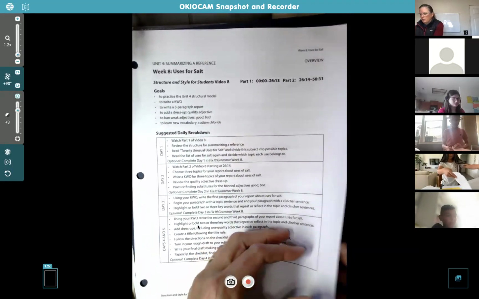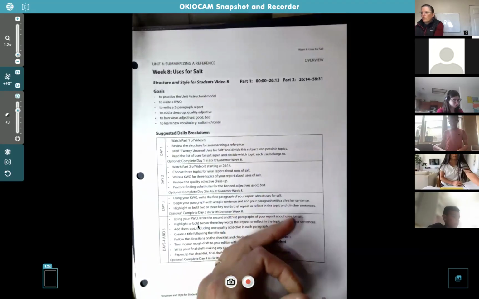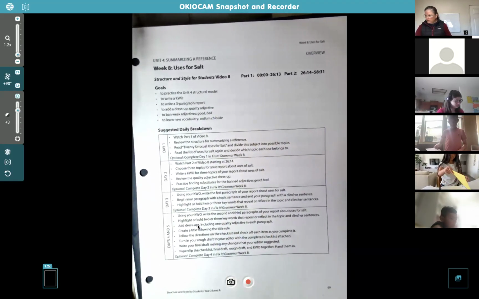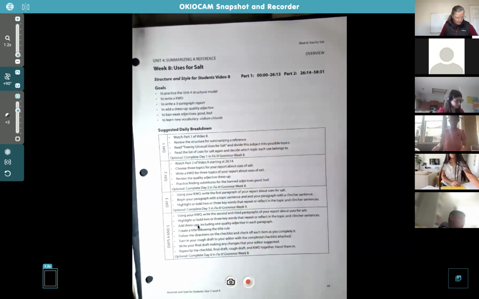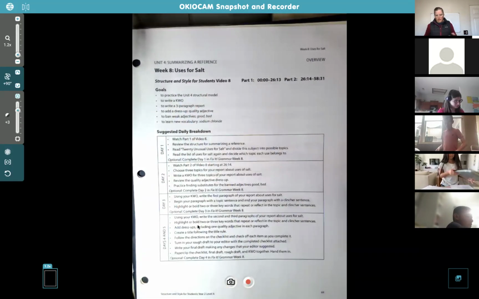Uses for salt. You're going to get out 1, 2, 4 pages for uses for salt. And you need a piece of lined paper. Okay, so get out week 8 and a piece of lined paper.